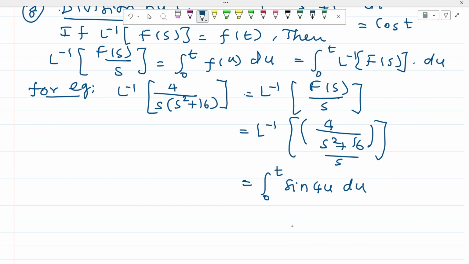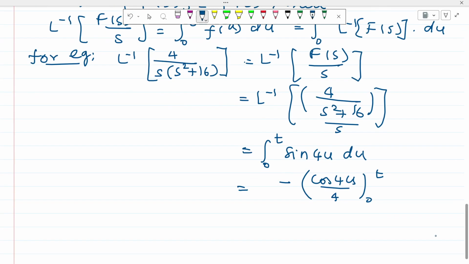Then if you integrate this, the integration of sin 4u is minus cos 4u by 4 from 0 to t. So you will get the answer 1 by 4 into (1 minus cos 4t). So these properties are important.